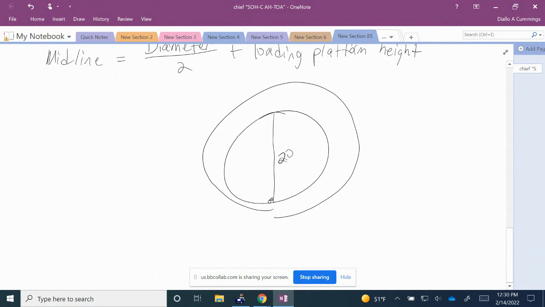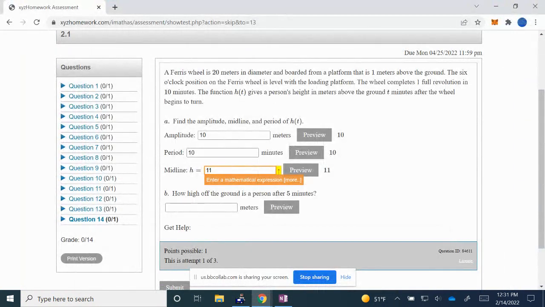So in 10 minutes, you'll go from where you start back around to where you start. But in 5 minutes, which is half the time, that would put us at the top of the Ferris wheel. So at the top, I'm actually 20 meters from the ground, plus the boarding height, which is that 1 meter. So after 5 minutes, you should be 21 meters off the ground.